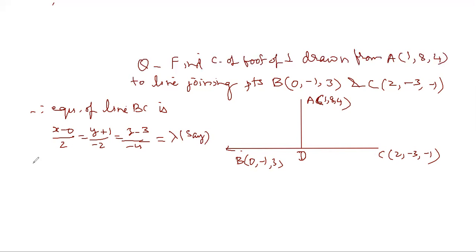Now equating each one, x is equal to lambda, since 2 ones are 2, 2 ones are 2, 2 twos are 4.